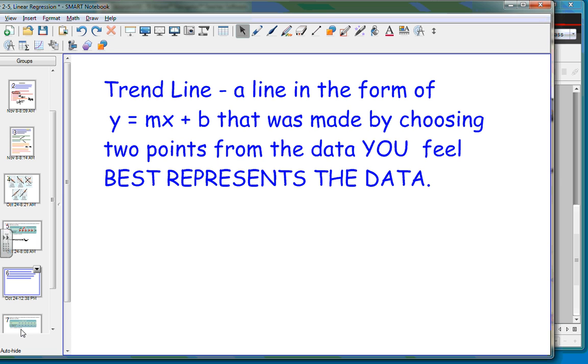What in the world does this mean? This means that Garrett may choose 2 different points than what Zach chooses, than what Camille chooses. Okay? Even though they choose different points, are they going to have the same type of regression line? No, they won't, because the points are different. And anytime you take 2 points and choose 2 different points to make an equation line, your slope and your y-intercept are going to be different.